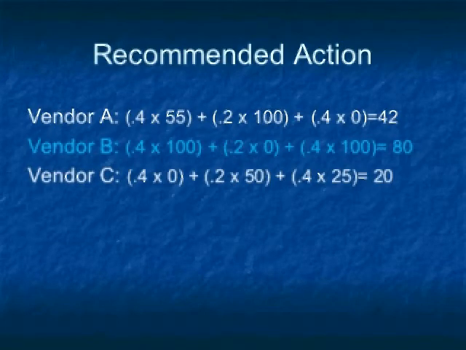The weight 0.2 of compatibility is multiplied by the rating of 0, and the weight of 0.4 for cost is multiplied by the rating of 100. All of these numbers are then summed to equal 80. In this case, vendor B has the highest score of the 3 vendors, so it is recommended that the experts choose vendor B.